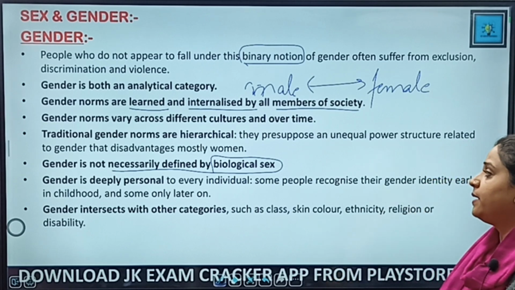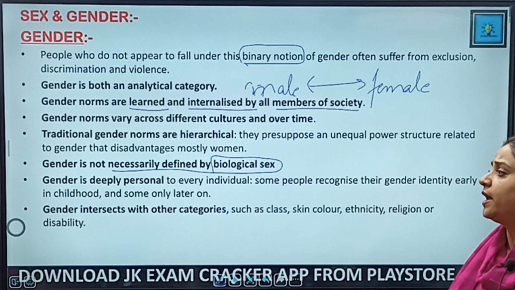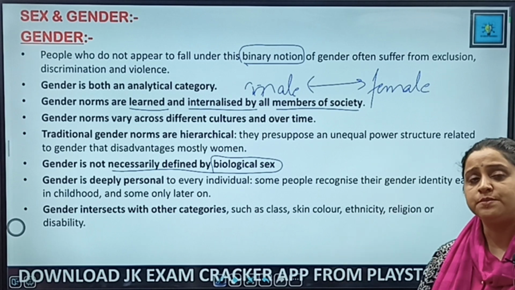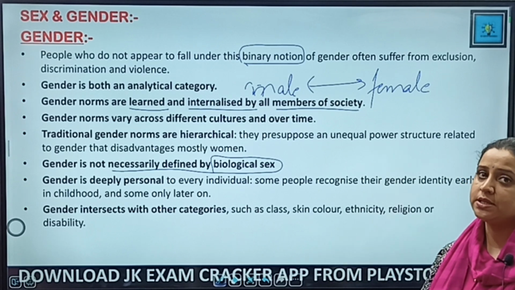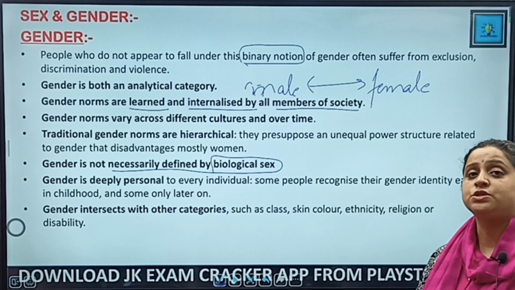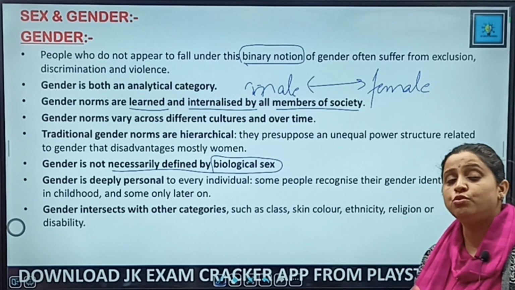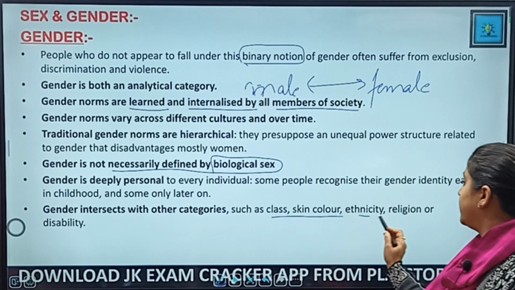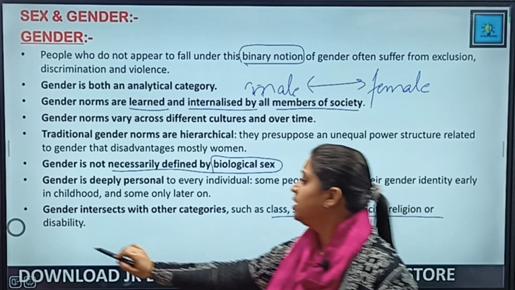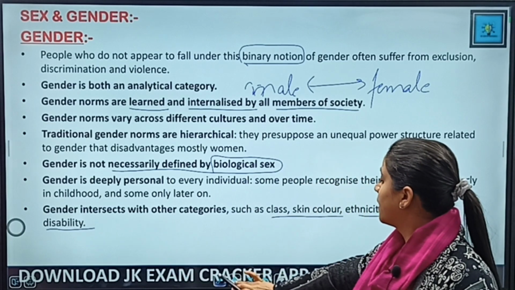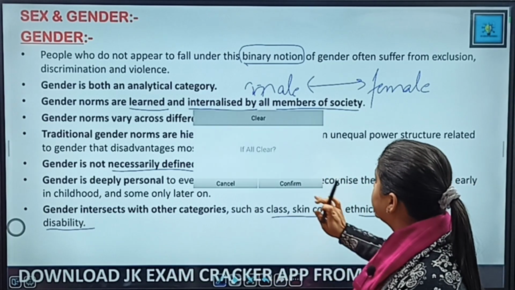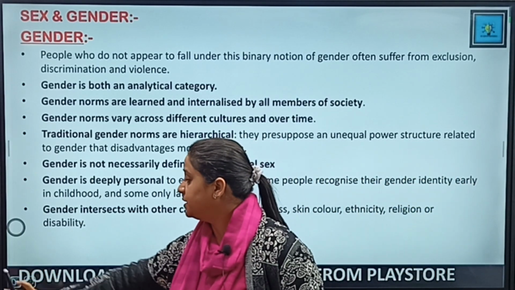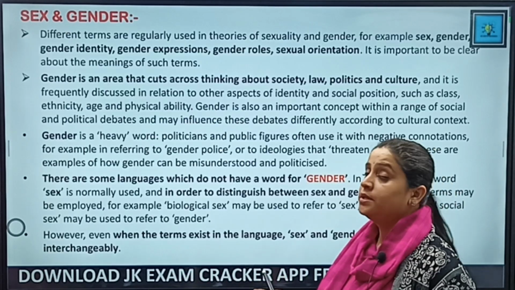So gender is very personal, but it becomes social because man is a social animal and he has to adhere to the rules of the society he is part of. Gender intersects with other categories such as class, skin color, ethnicity, religion or disability. Fine. So gender also becomes a category of classification when we understand society.